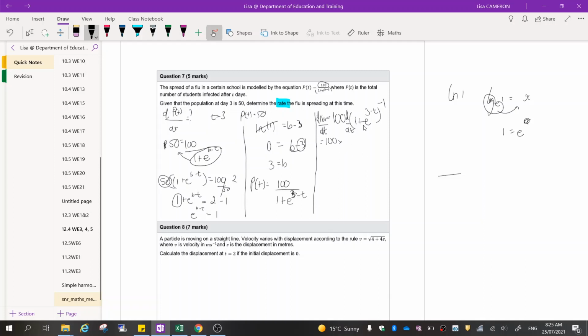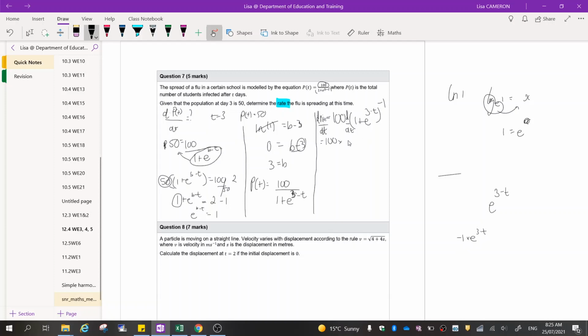Okay, so chain rule. The derivative of the inside of the bracket here, the 1 will vanish, and then I just have to do the derivative of e^(3 minus t). So the derivative of the inside of this bracket is going to be negative 1 times e^(3 minus t), and the power above this isn't going to change.